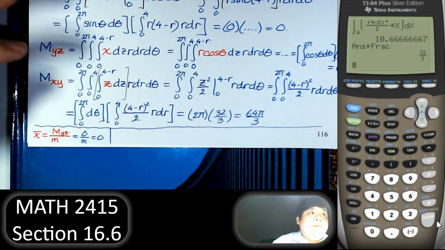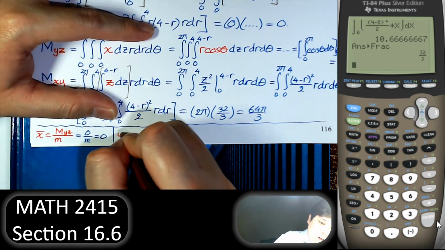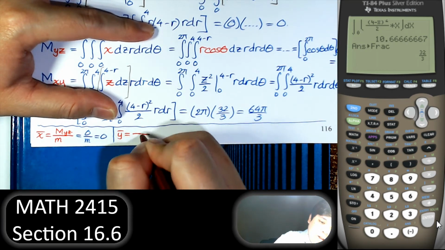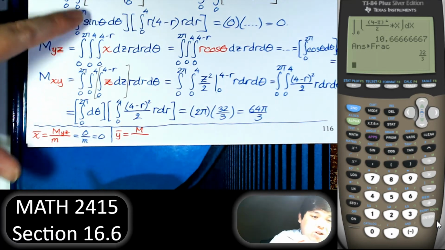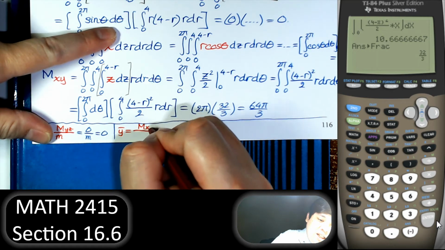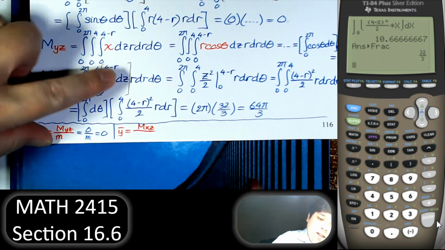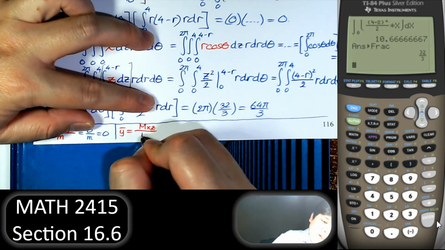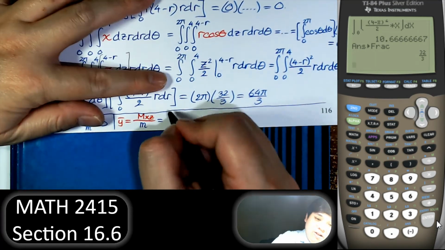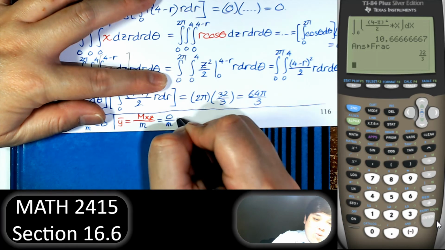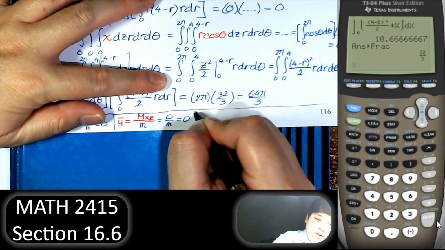So that's x bar. Y bar, the moment where we stick a y to it, so that is xz, divided by the mass. Again, moment about the xz plane is 0 divided by mass, a positive number, so still 0.